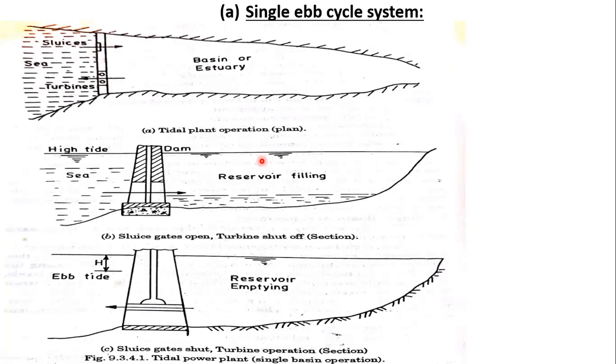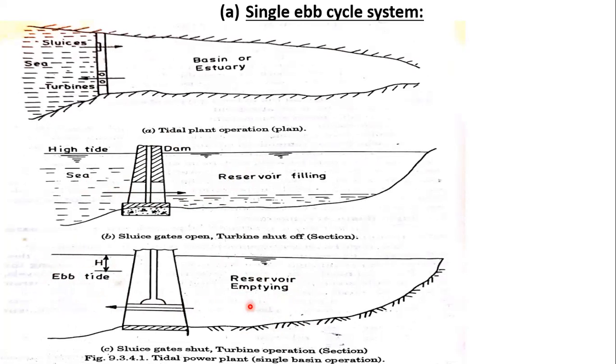Okay, next if you go for the second one, this is the third diagram. See, the reservoir is emptying here, the reservoir is filling by allowing the water to flow in this direction, and if you allow the water to flow onto the turbine and to the sea level in this direction, this is the ebb tide, that is flow back tide.